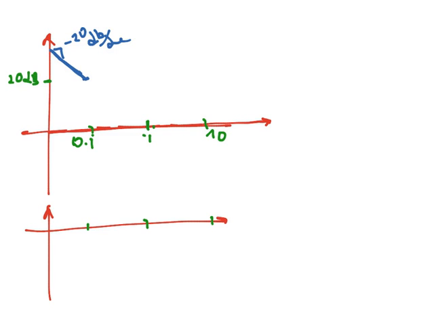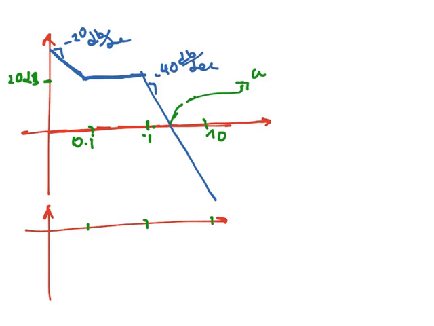Then up to the frequency equal to 1, we will have the flat line with the amplitude of 20 decibels. And then afterwards, we will have the line with the slope of minus 40 dB per decade. The cutoff frequency again would be close to 2 radians per second.